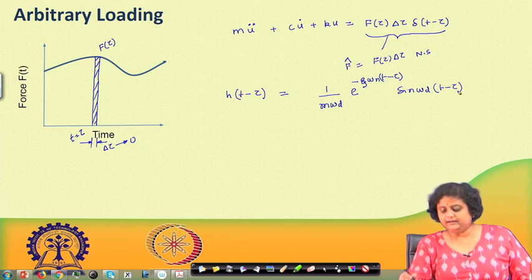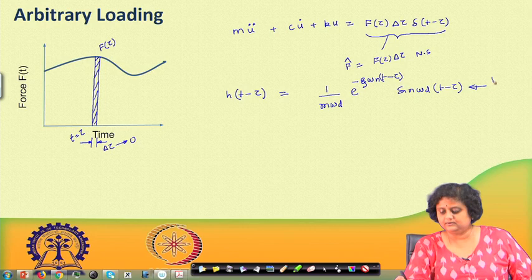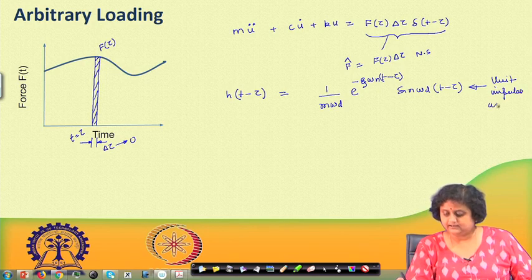So, this is for a unit impulse at t equals tau.